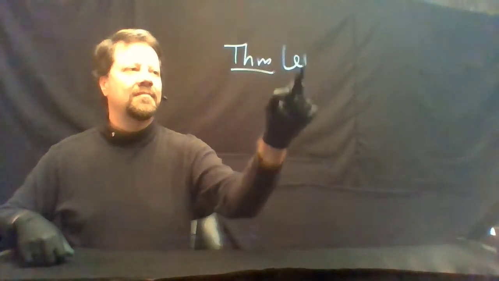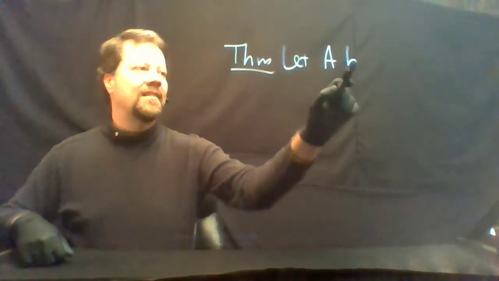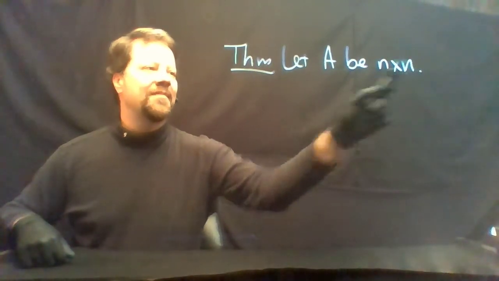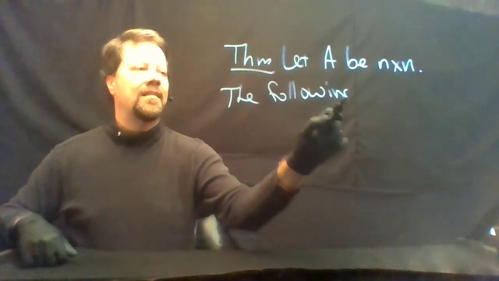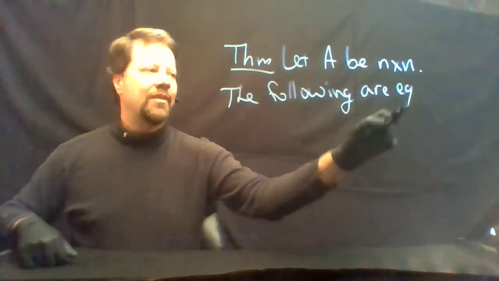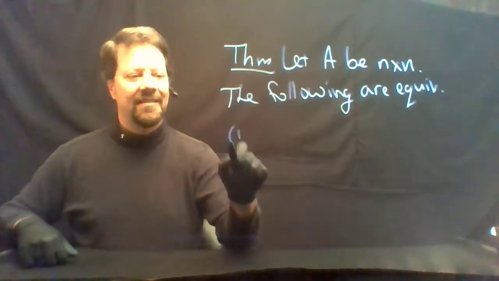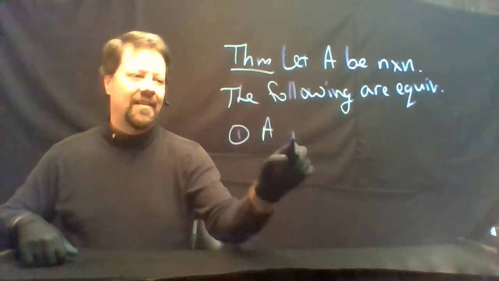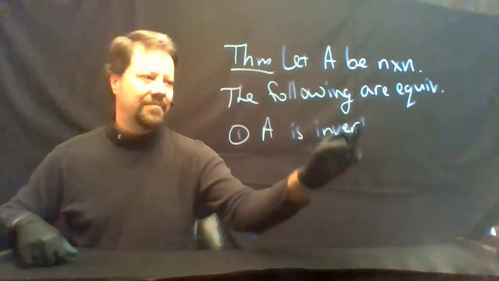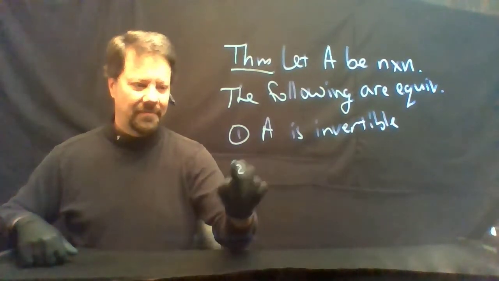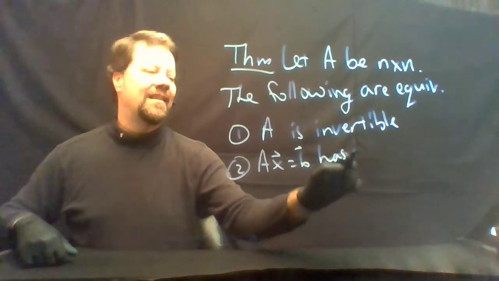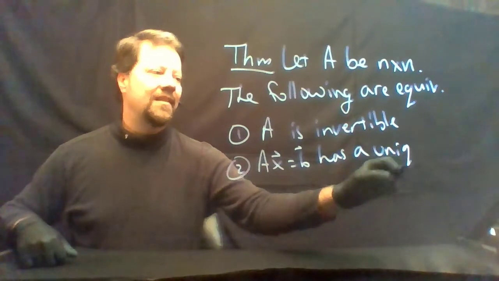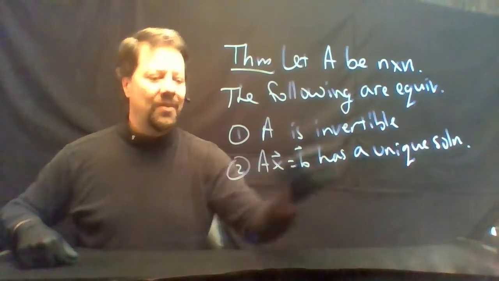We have the following theorem. Let A be an n by n matrix. The following are equivalent. A is invertible. Ax equals b has a unique solution.